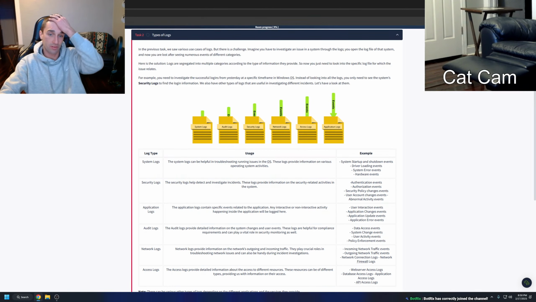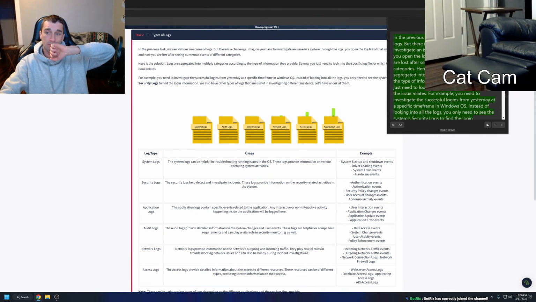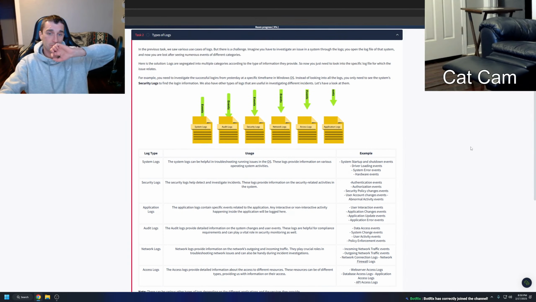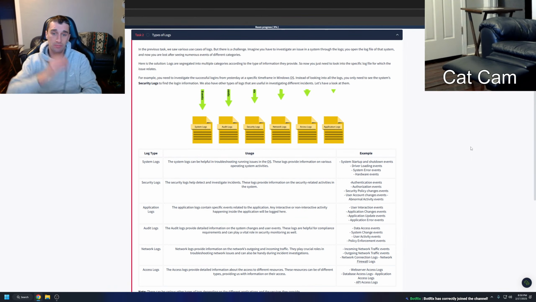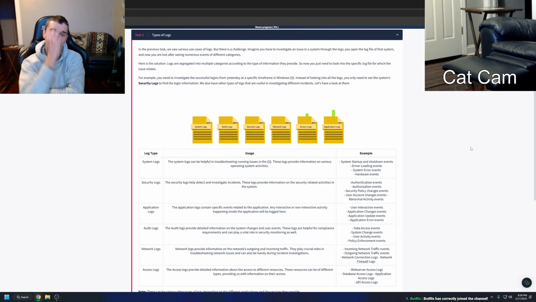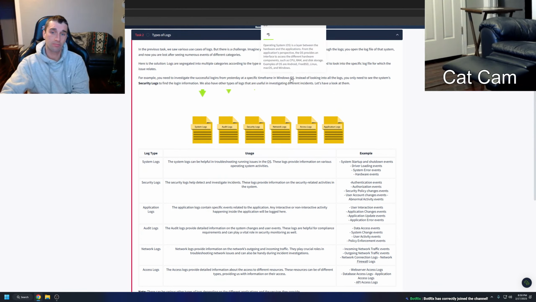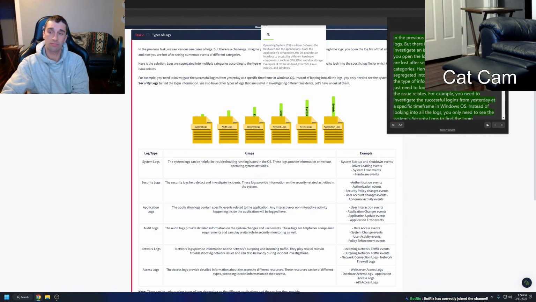There are types of different logs. So now you just need to look into the specific log file for which the issue relates. For example, you need to investigate the successful logins from yesterday at a specific time frame in Windows OS. Instead of looking into all the logs, you only need to see the system security logs to find the login information.